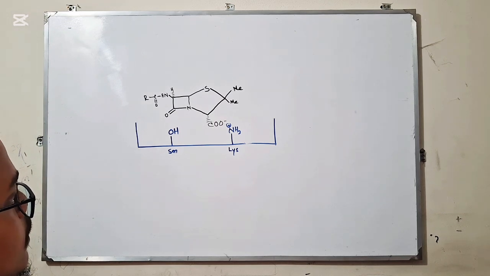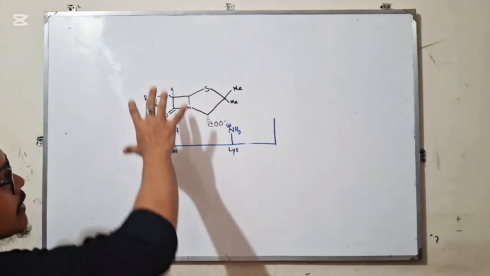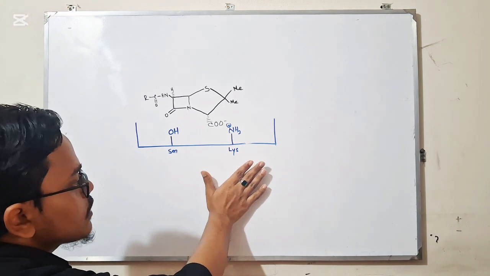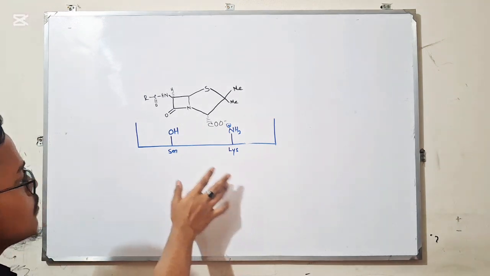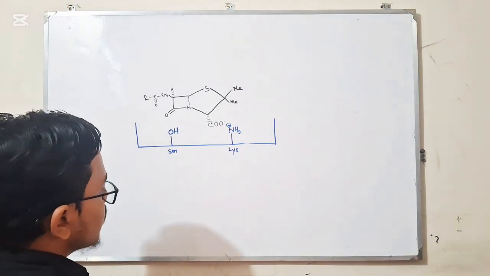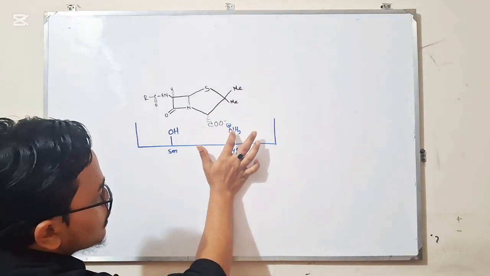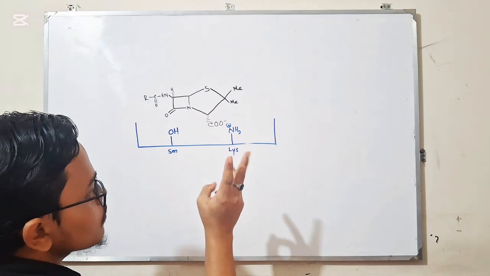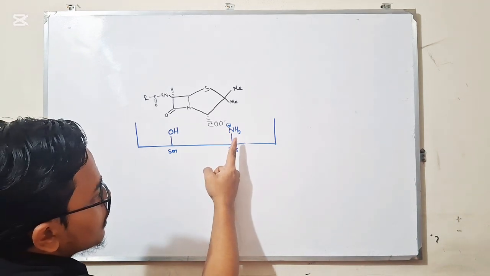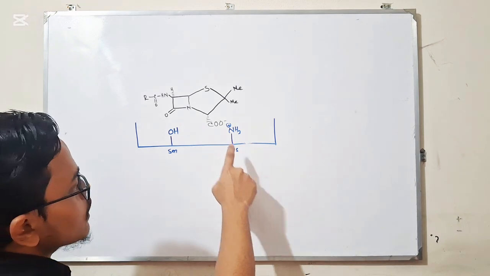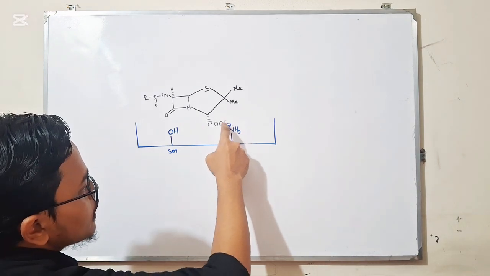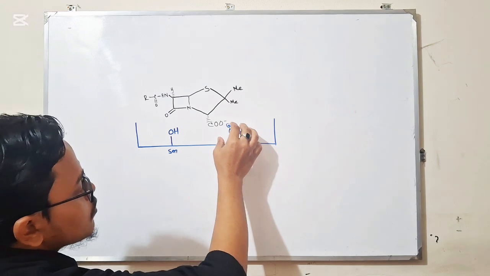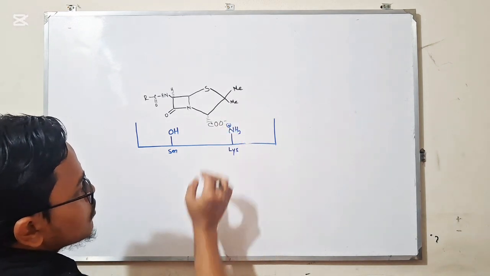So this is the penicillin. When penicillin gets to this transpeptidase enzyme in the active site, basically this nitrogen, we know that nitrogen only has 3 bonds, but here the nitrogen has 4 bonds, so there will be a plus charge, I mean electron deficiency will be seen in this nitrogen.